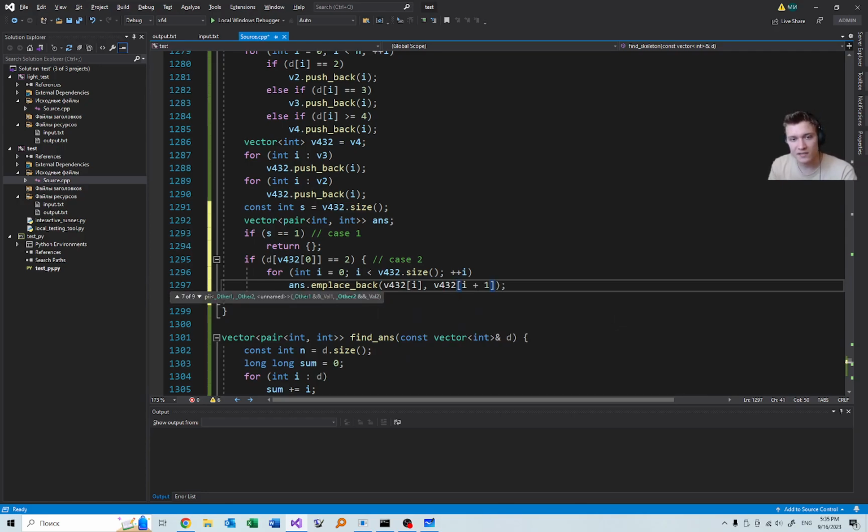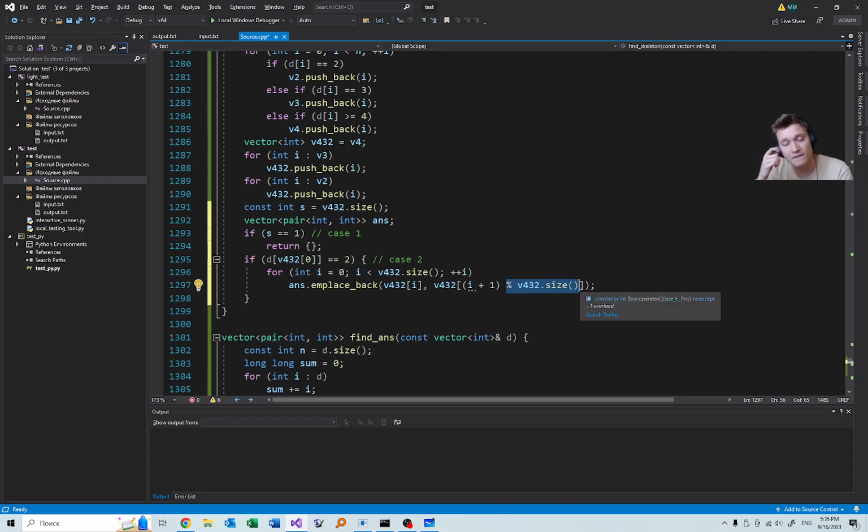I would like to write something like this, and this is incorrect, because when you consider the last index I, which is size minus 1, if you add 1 to it, it will become size, and this is out of bounds. So actually you need to make it modular v432.size. But I don't like it. This is because you actually make a very expensive operation of taking a modulus.